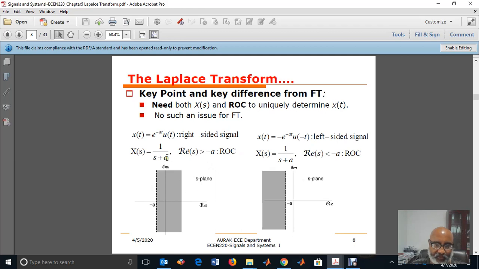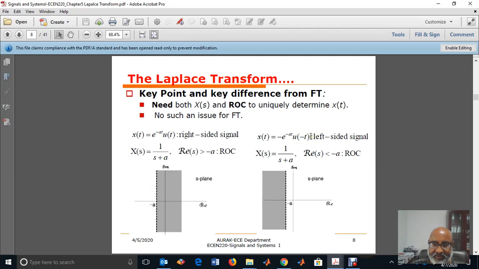than minus a. So we have the S-plane having a real axis and a j omega axis. The real axis is the sigma axis, and the y-axis is the j omega axis. And we have the left-sided signal, which is minus e to the power of minus at u(minus t).